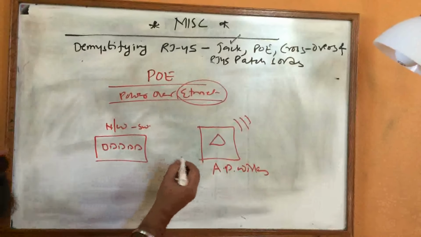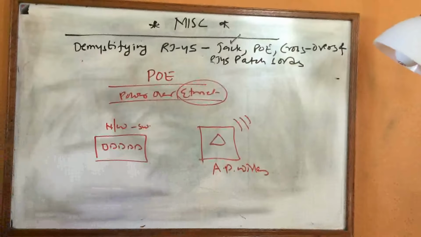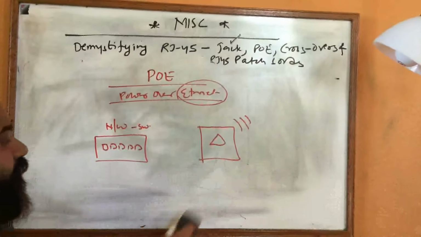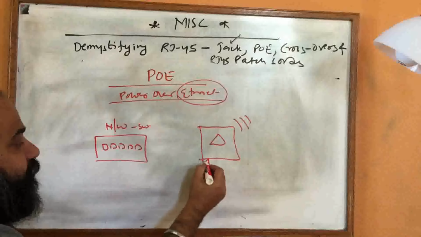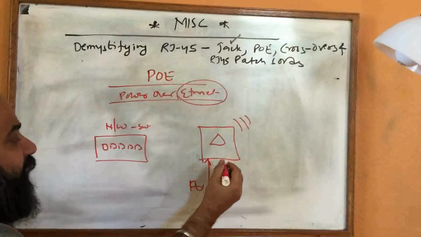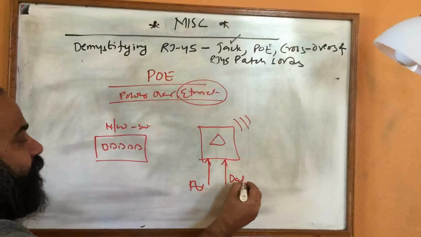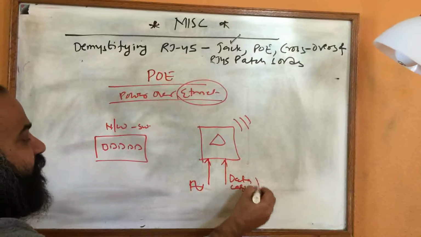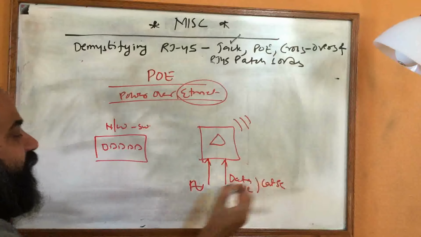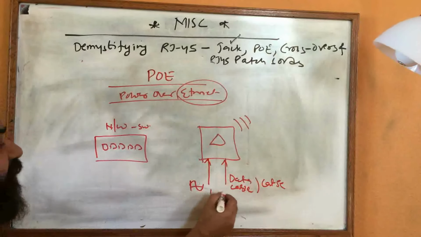So if you see, there are actually 2 types of wires which go into it, right? One is a power cable, and the other one is the data cable, which is the Cat5e cable we are going to talk about, right? So there are 2 sets of cables, 1 cable, 2 cable.